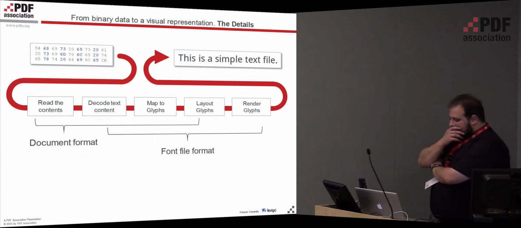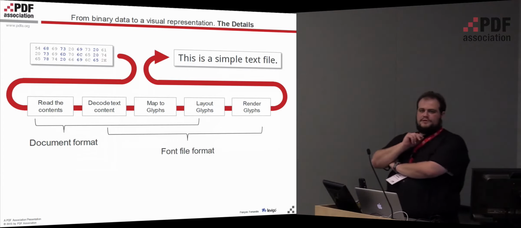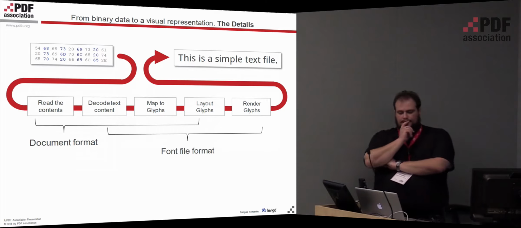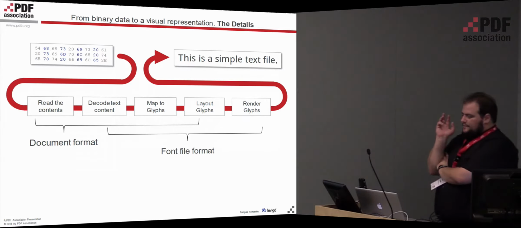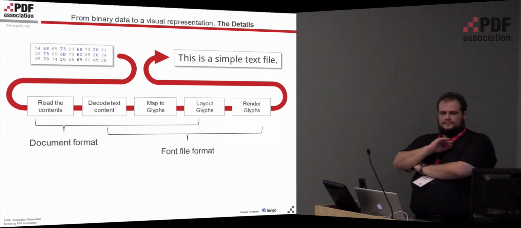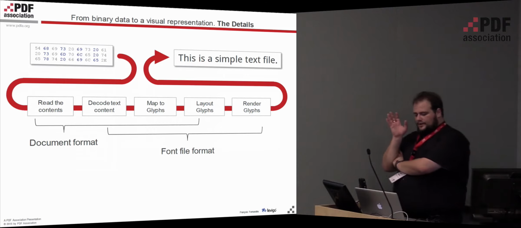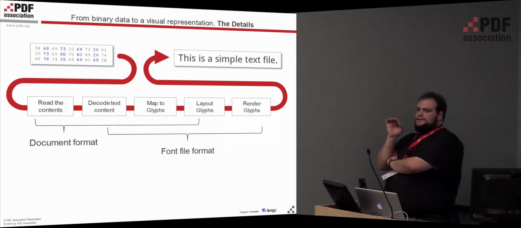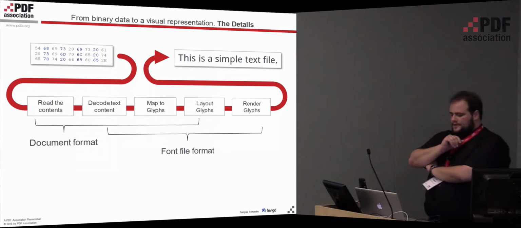So let's have a closer look at how that whole process is actually done. On the left side, we have the binary raw data, unprocessed. On the document format side, that means it is part of the specification of the document format.